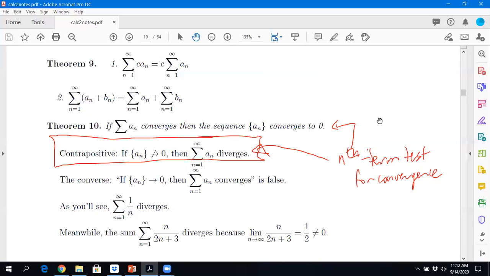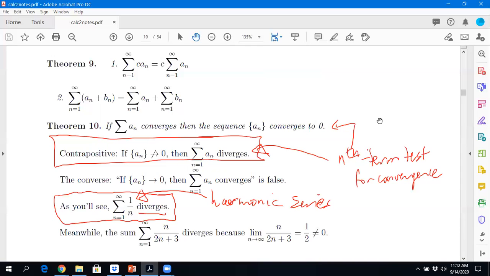So look at this. This one right here is pretty famous. This is oftentimes referred to as the so-called harmonic series. It turns out that the harmonic series actually diverges to infinity. But what do you notice about the terms themselves?